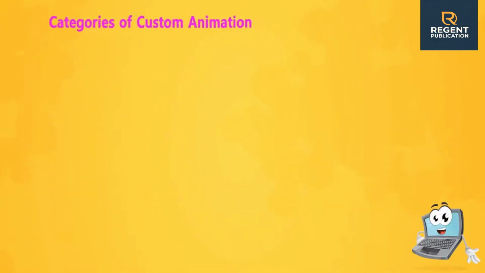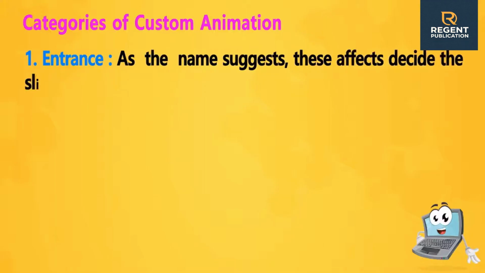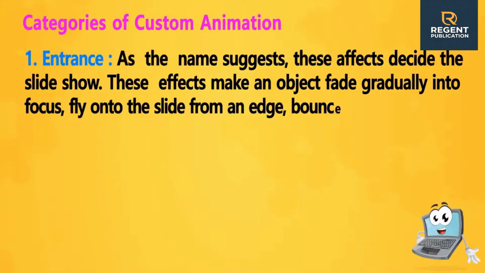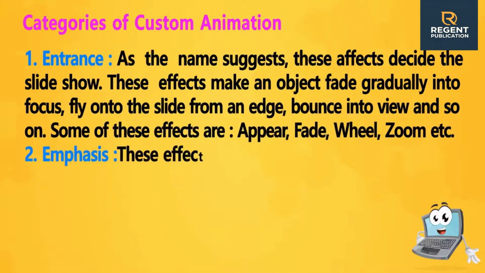Categories of custom animation. Entrance. As the name suggests, these effects decide how an object enters the slideshow. These effects make an object fade gradually into focus, fly onto the slide from an edge, bounce into view, and so on. Some of these effects are appear, fade, wheel, zoom, etc. Emphasis.